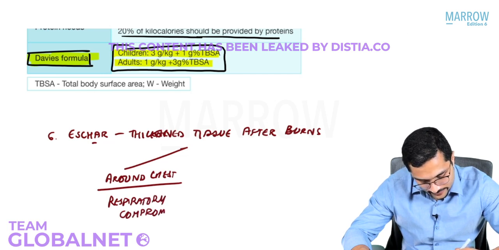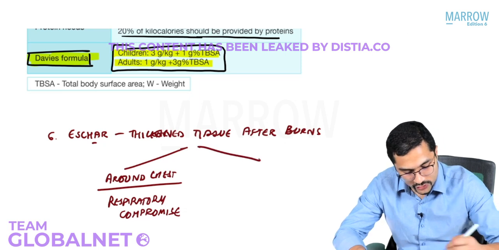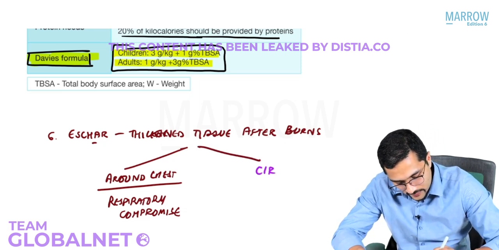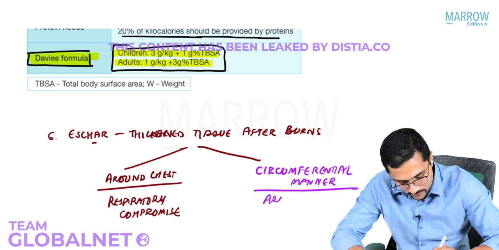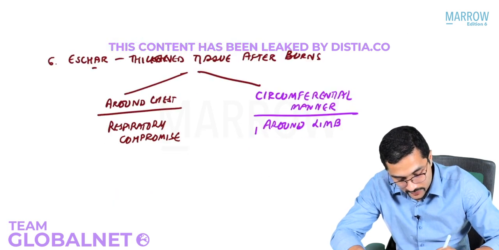And if thickened tissue is present in a circumferential manner around the limb, then it can give rise to compartment syndrome.